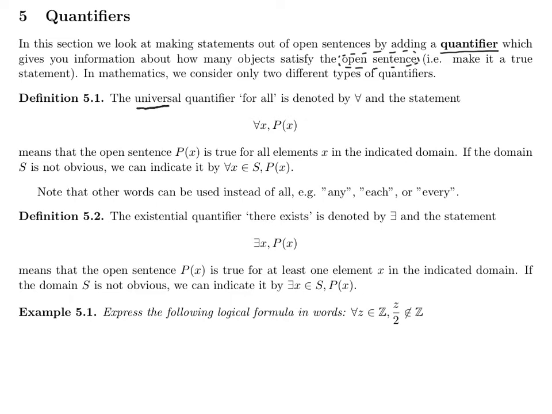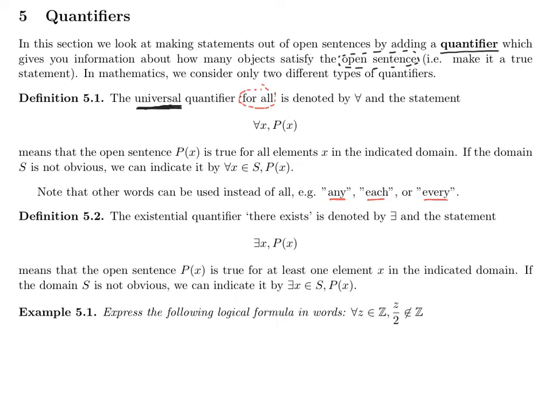The first quantifier is called a universal quantifier. You can think the universe is huge, it's everything that we know. So for this universal quantifier, we're thinking of words like for all, or maybe any, or each, or every, words of that type saying everything in a certain domain.